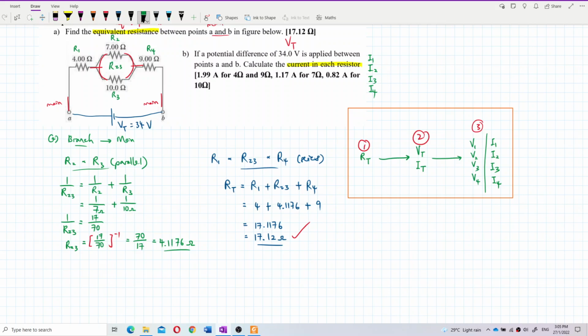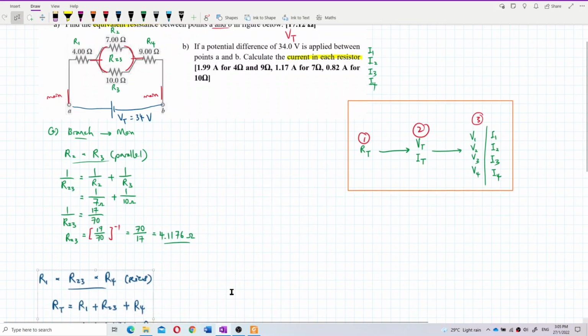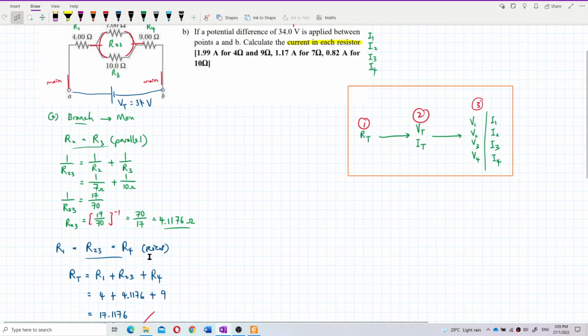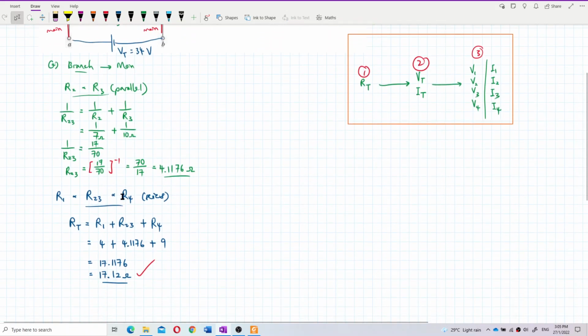Where should I write? I think I just drag this one below here. I think it's better. That's for part A. I got the answer already over here. I just want to make my work more systematic.